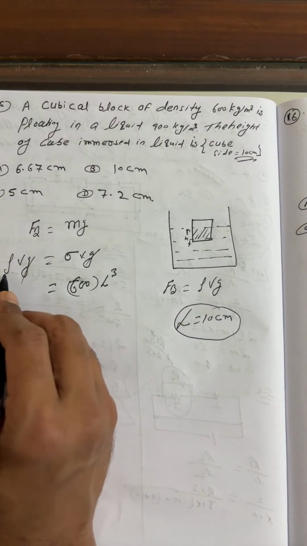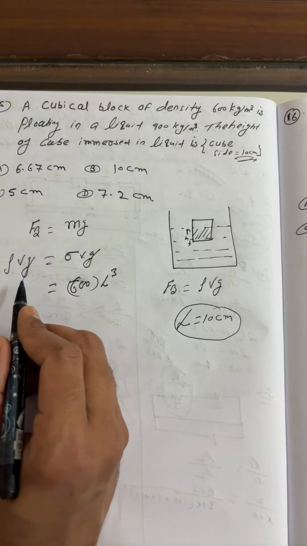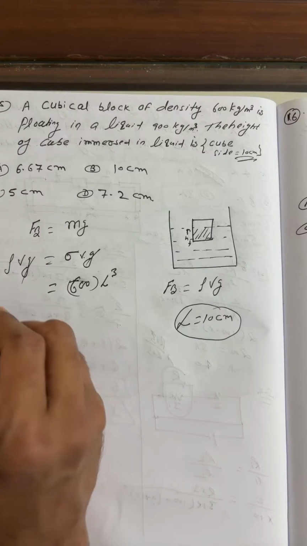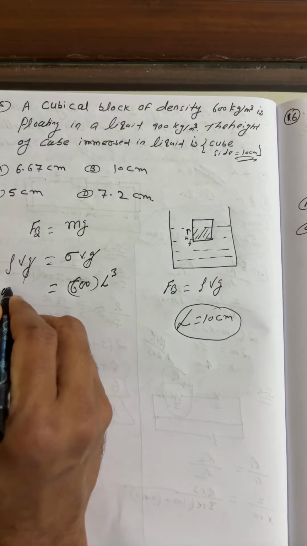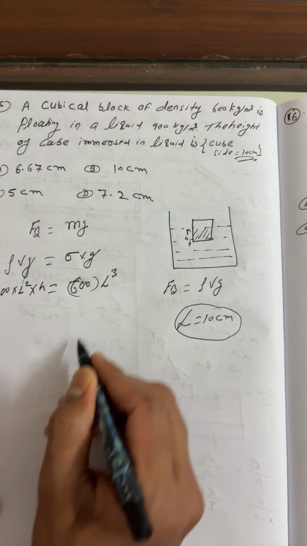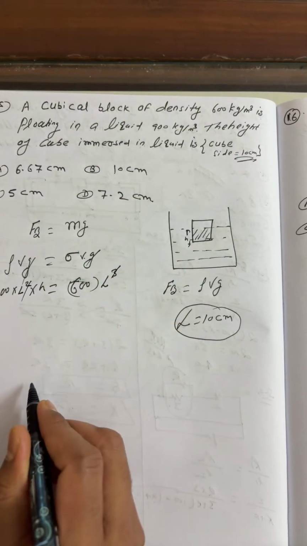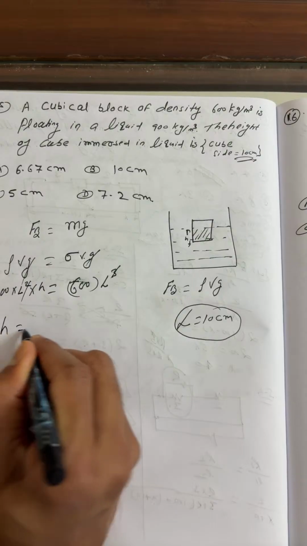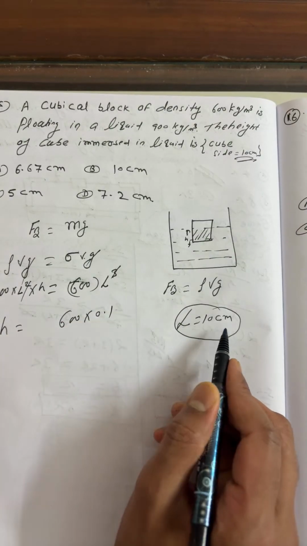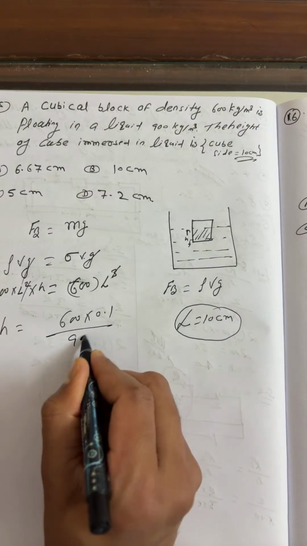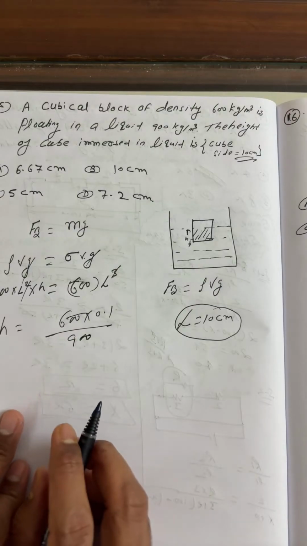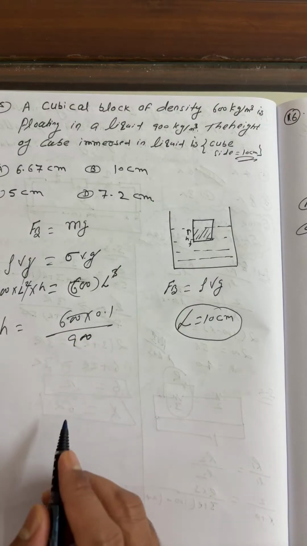Very nice. Volume is area into length. So this is 900, and this is area L square, and this is H. You can see L square and L square cancel. So H, what will you get? 600 into 0.1 upon 900. This cancels, 6 by 9 into 0.1 here.